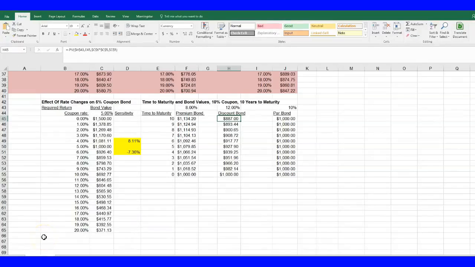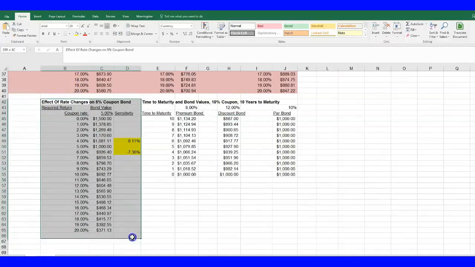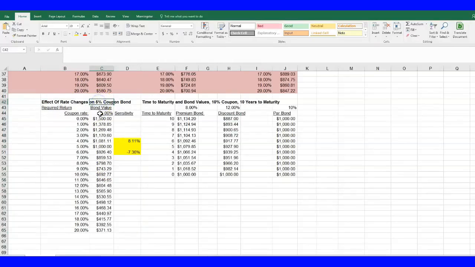Next, let's examine the effect of coupon rates on bond sensitivity to changes in required rates of return. So here we have a 10-year bond as before, $1,000 par value, except now the bond has a 5% coupon. And we have required rates of return ranging from 0 to 20%.